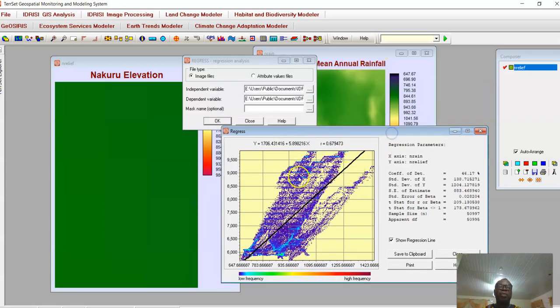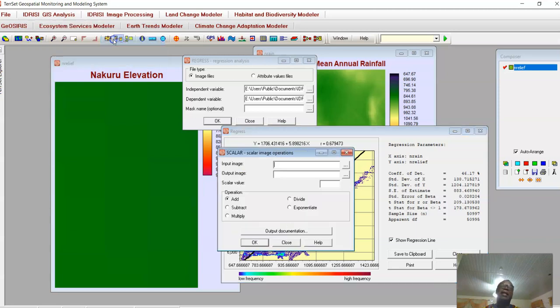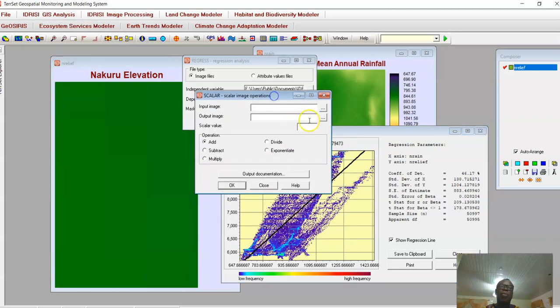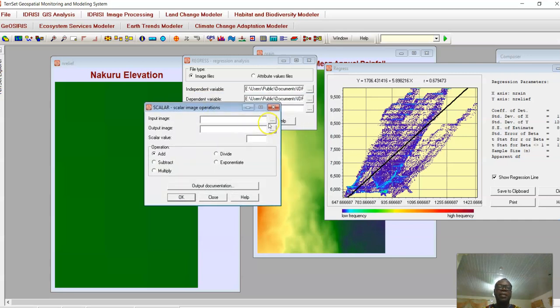If you want to do that, we are supposed to multiply relief by this constant and add it to this to get the image. How we do it is to go through scalar. We go to IDRISI analysis, mathematical operator, and scalar. Now we want to derive the image of the rainfall from the elevation using the constant that we have observed in this regression analysis.